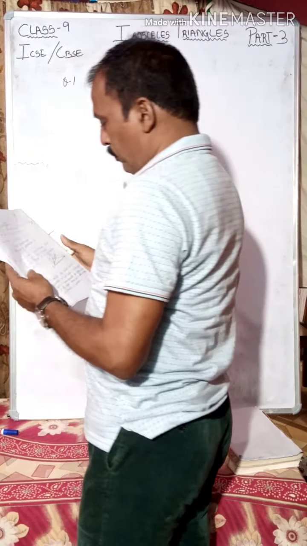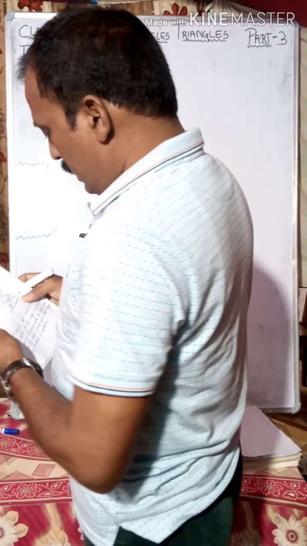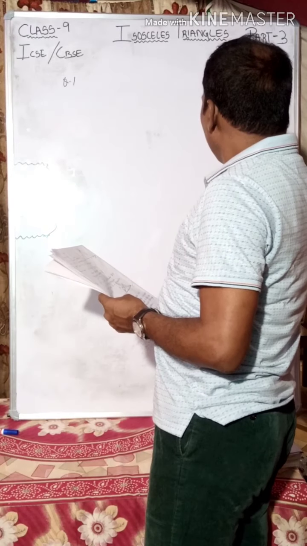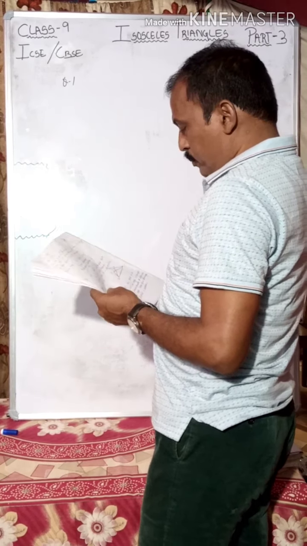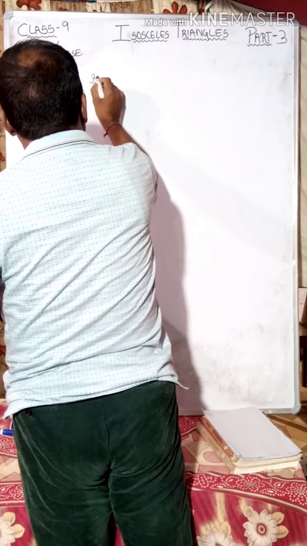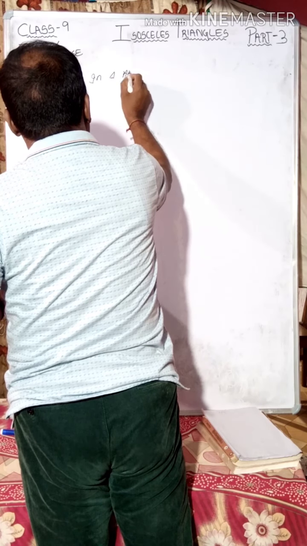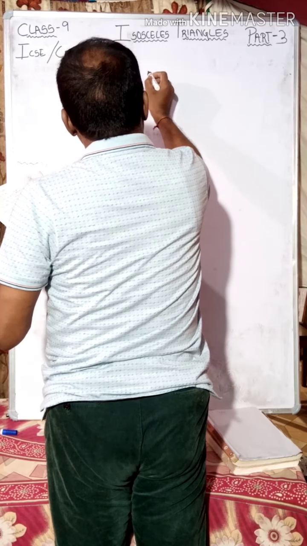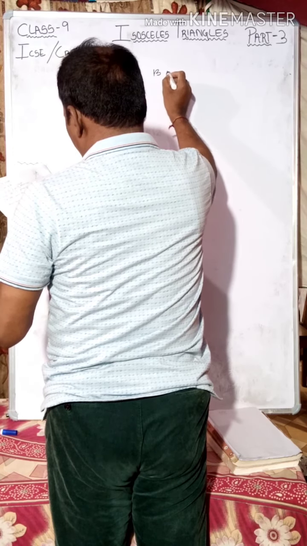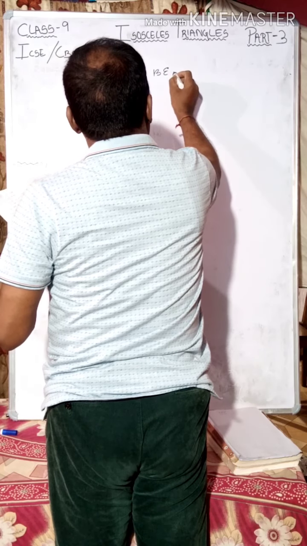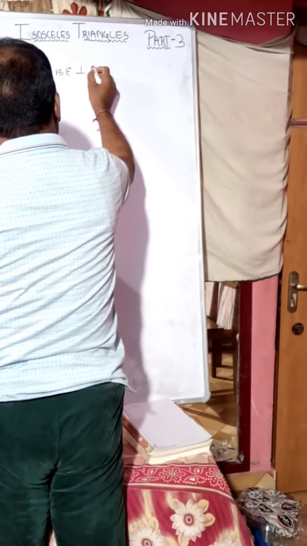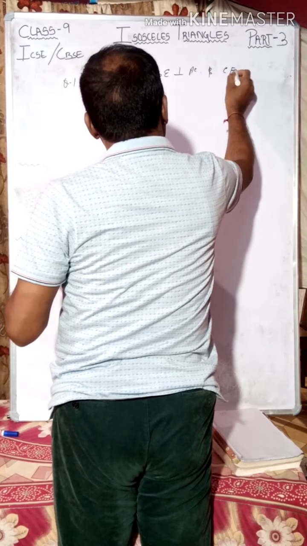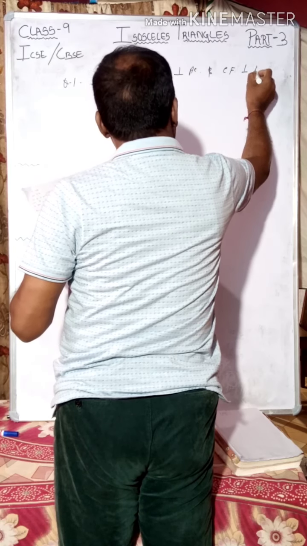Question number 1. In triangle ABC, BE is perpendicular to AC and CF is perpendicular to AB.